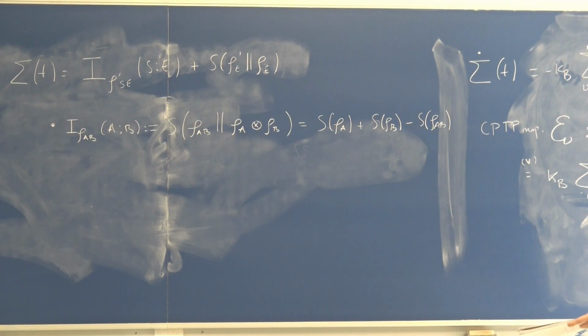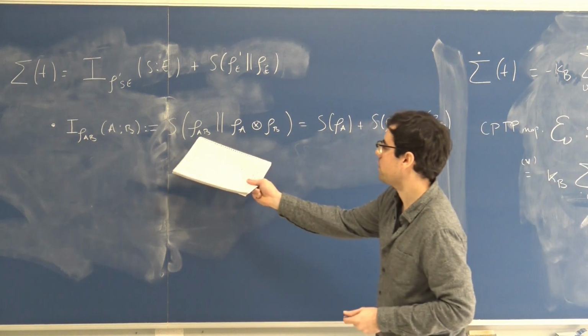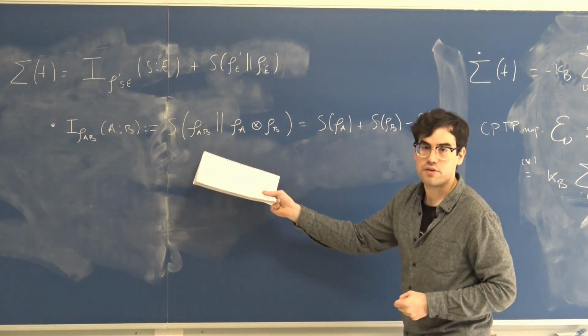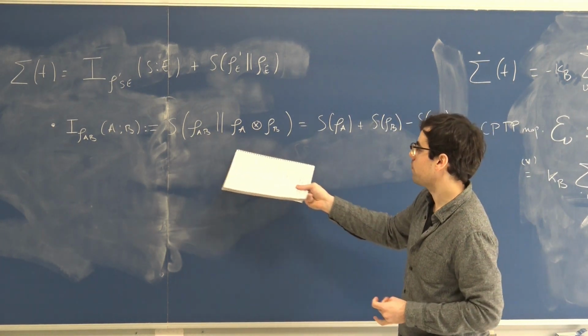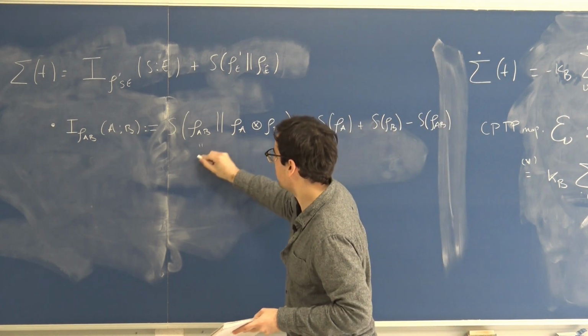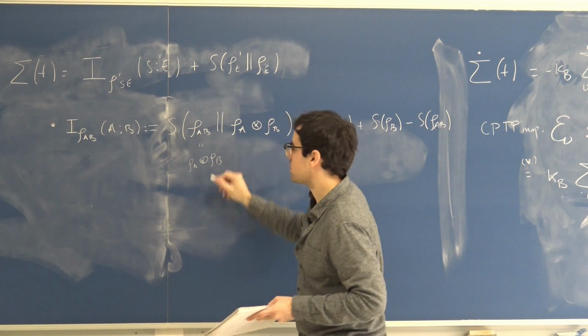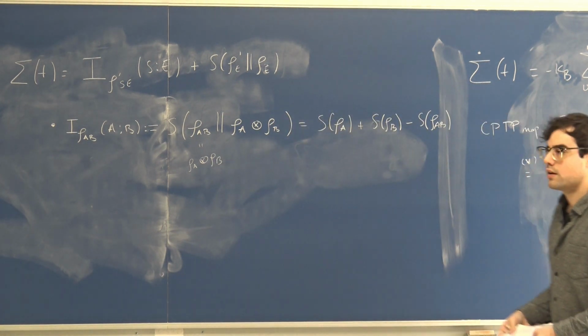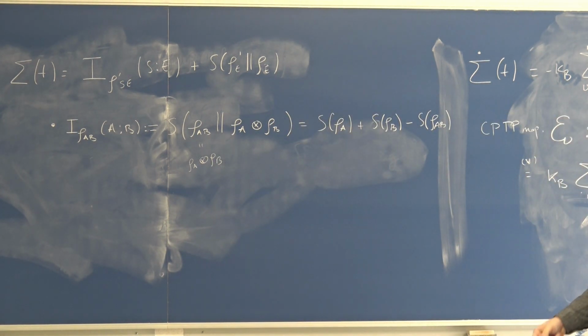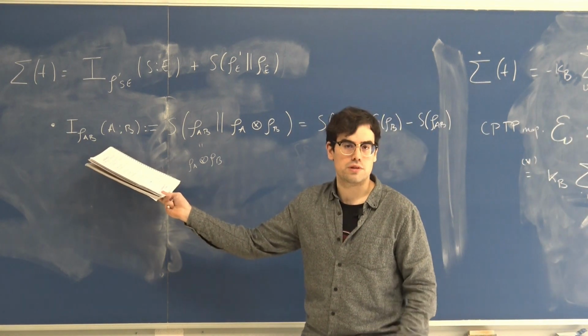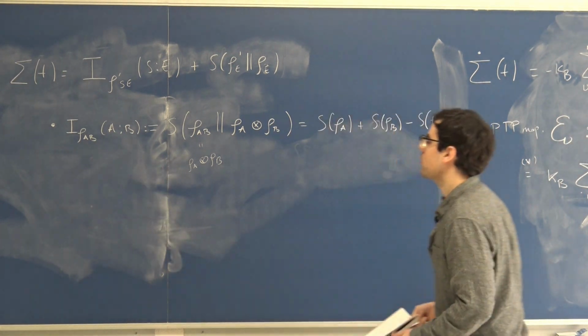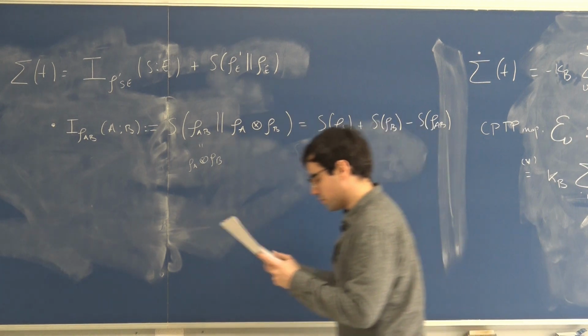That's the first term. I think it's clear in this way. Imagine that they were separable. So if it's separable, this can also be written as a product of this. They are not sharing information, so this will be equal to 0. Okay? And the second one is the relative entropy.